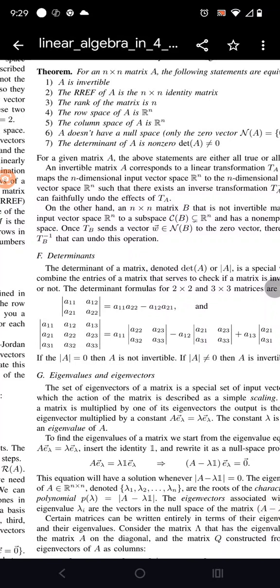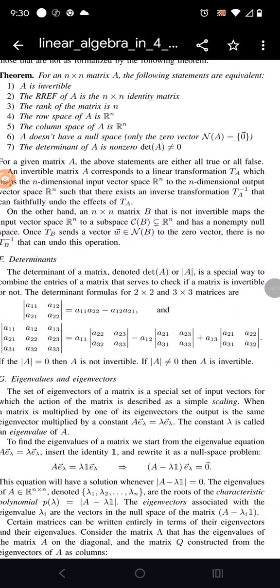If the determinant of A is equal to 0, then A is not invertible. Alright, and if the determinant of A is not 0, then A is invertible.